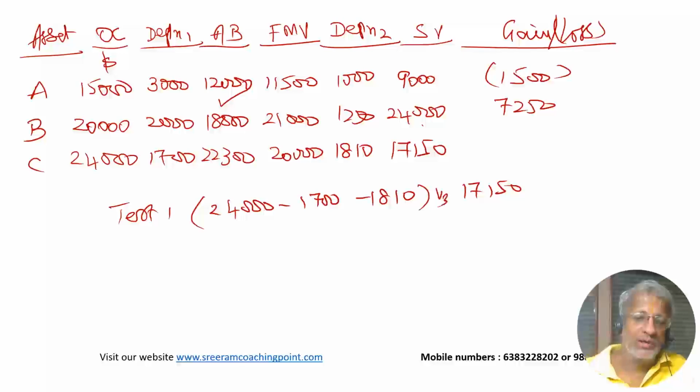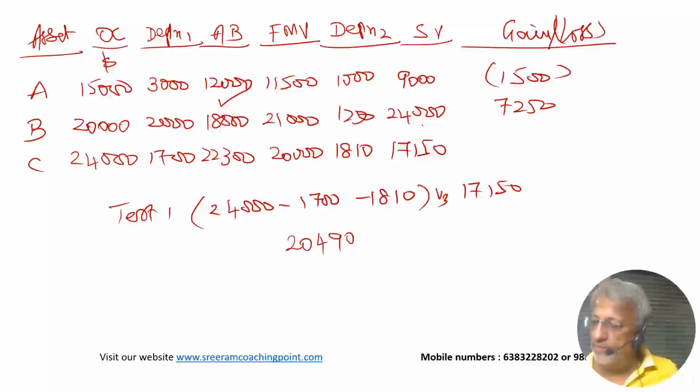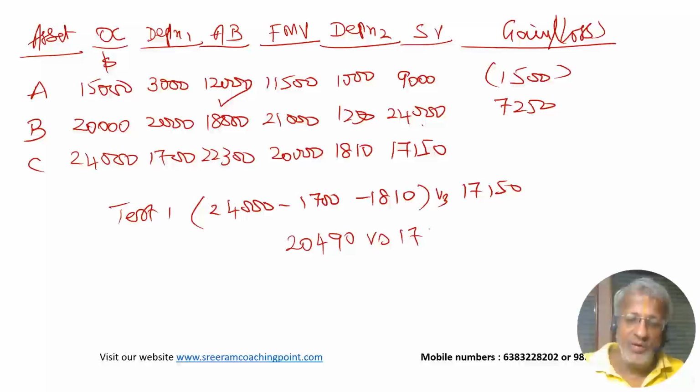So it is 24,000 minus 1,700 minus 1,810, that gives you 20,490. Let me check once again: 24,000 minus 1,700 minus 1,810 is 20,490. This is compared with 17,150. So this results in loss.